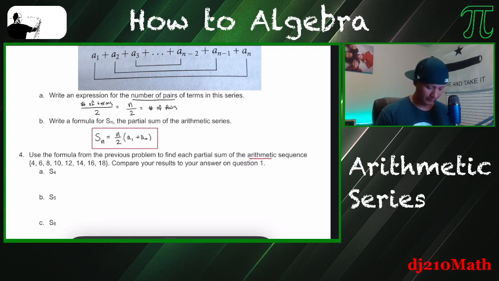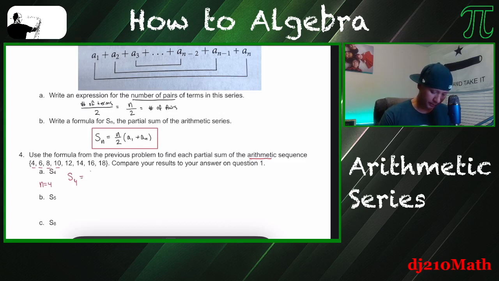All right, so again, we want to add up the first 4 numbers. So 1, 2, 3, 4. Now, I'm not going to add them up manually like we did in the beginning. I'm going to use the formula. So S sub 4, here n is equal to 4 because we want the first 4 terms.